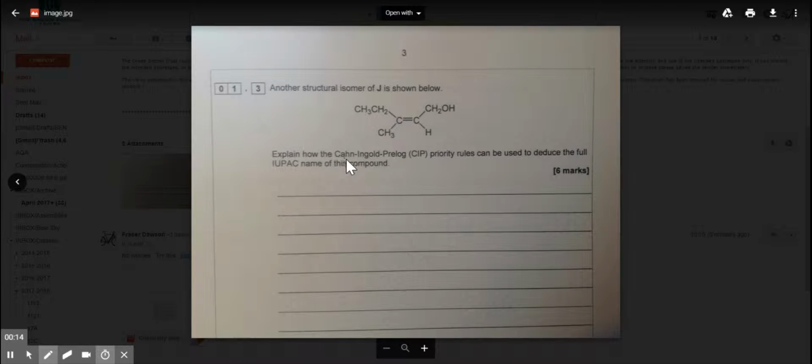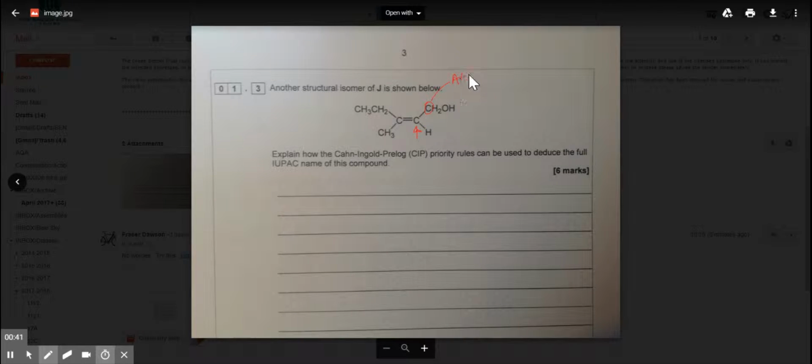You probably remember these Cahn-Ingold-Prelog priority rules are for E/Z isomers. They determine which one it is, an E or a Z. First, you start by talking about the carbon on the right-hand side of the double bond. It doesn't matter which one you start with, but specify which one you're starting with. Then you compare the atomic number.